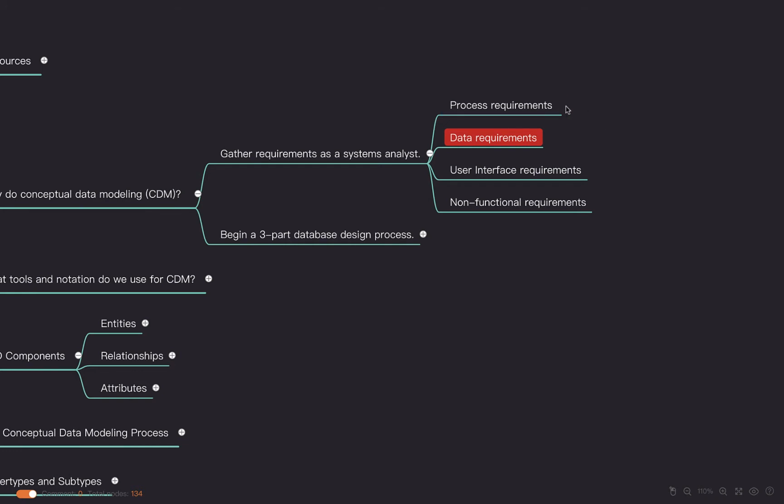Perspective one, we would call that process requirements. And the approach that we take to those include use cases and user stories. The second part, data requirements. And the approach that we take to that, conceptual data modeling. So that's how we got here.